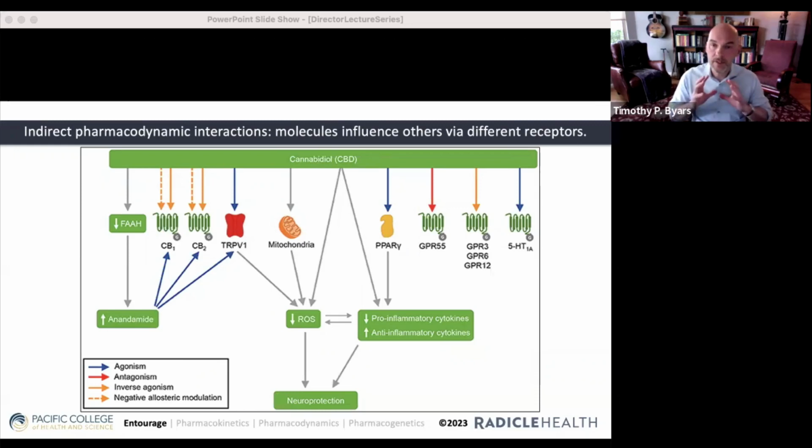Okay, so CBD is a potent agonist at some of the 5-HT1A serotonin receptors. And agonists at these receptors can help relieve anxiety. We also know that CBD can lower blood pressure.